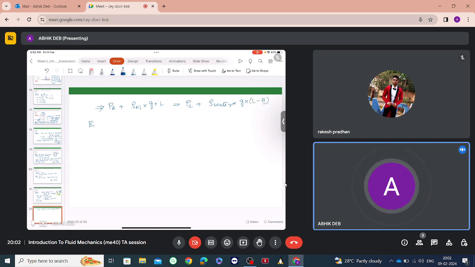But pressure at A is equal to pressure at C. Therefore, this gets cancelled from both sides. So rho oil into g into L is equal to rho water into g into L minus H. So g also gets cancelled.